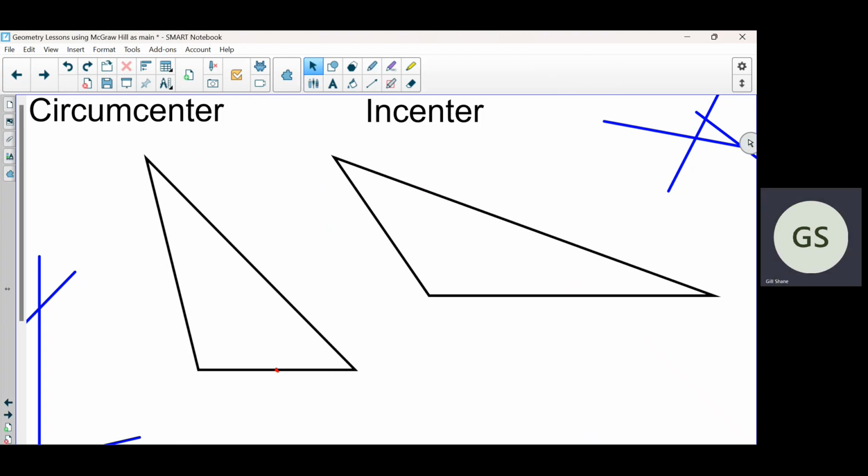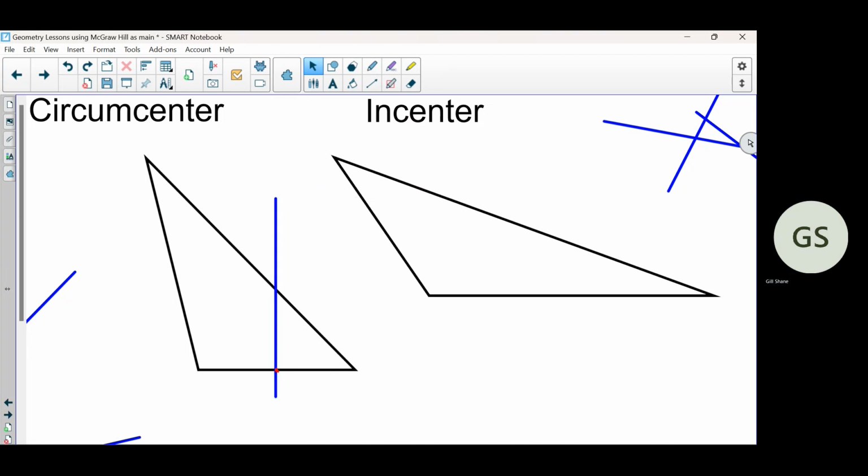I've already drawn a line that's pretty much perpendicular. So there's one of our bisectors. That's close. All right, so there's one. So I'm going to do the same thing.